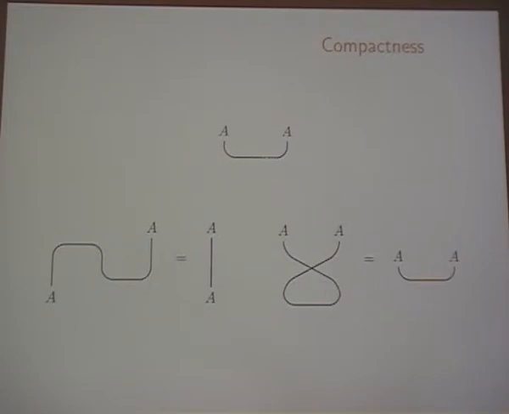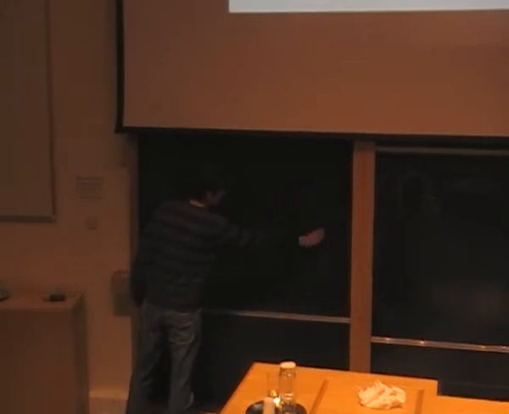So this is a compact structure, so it means that it satisfies the following conditions. So here we have this morphism, this entangled state. We take the dagger of this, so we just write it upside down. Okay, so if you take this, and if you compose them together, you obtain the identity.